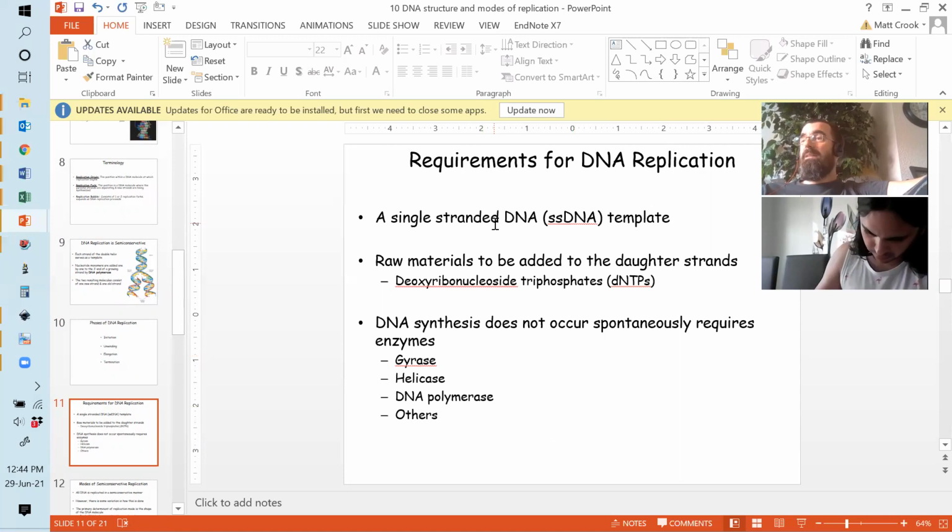And also we need a template, right? And that template has to be single-stranded because we're going to be synthesizing the second opposite strand during DNA replication. So that's why we need to split the DNA helix and separate those two strands.